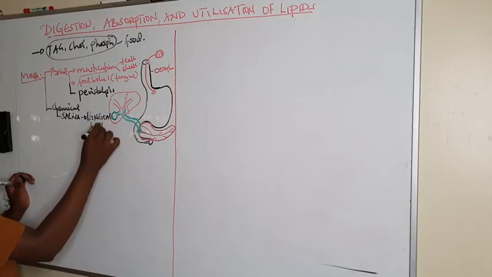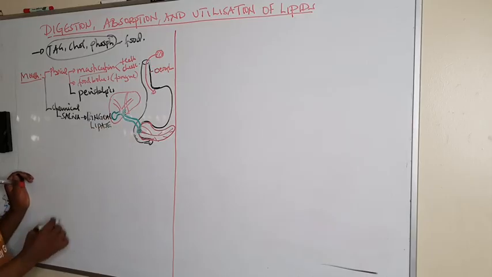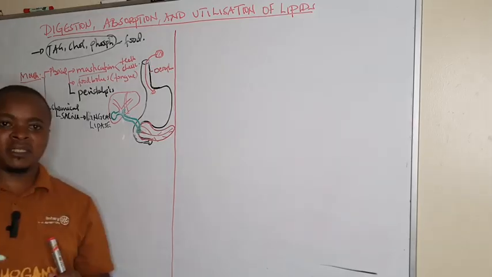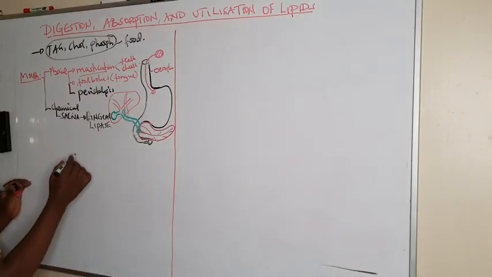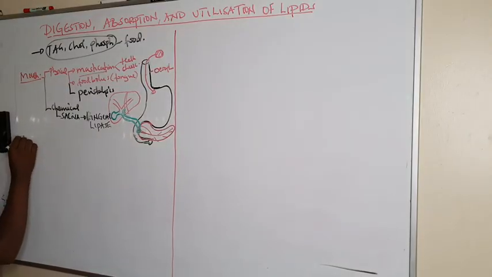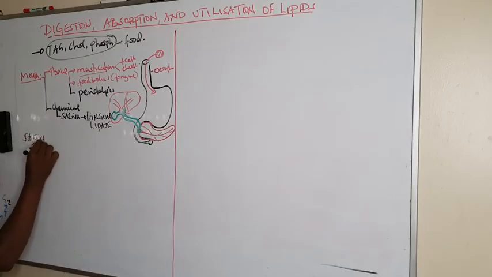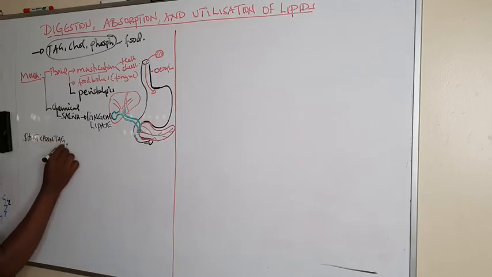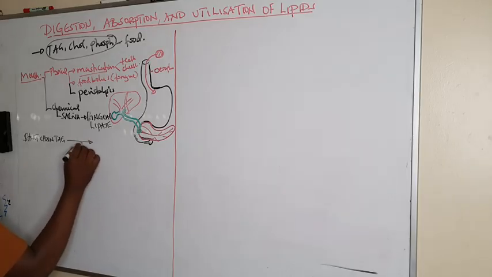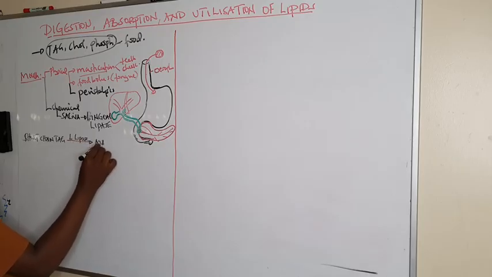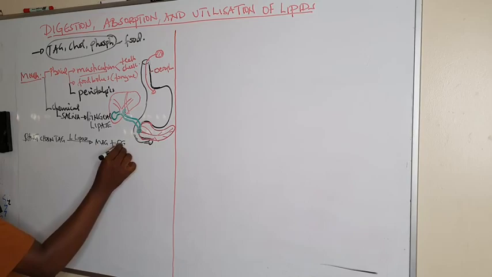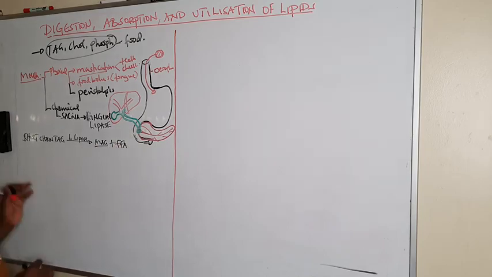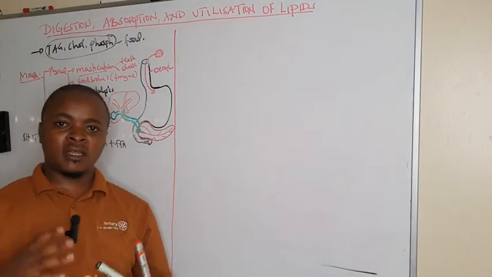This lingual lipase acts best in acidic media. The action of lingual lipase is to break down short chain TAGs to MAG plus free fatty acids. This MAG is known as monoacylglycerol.